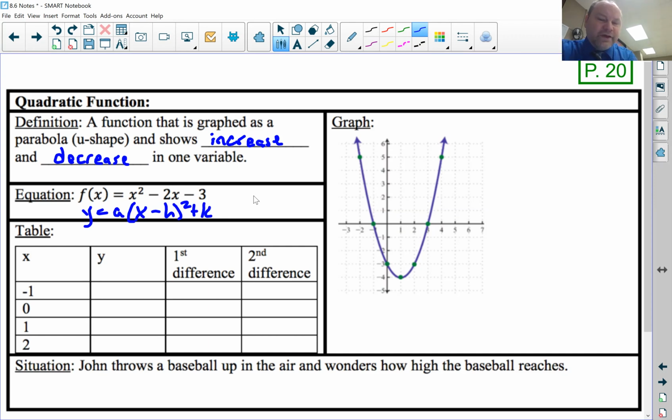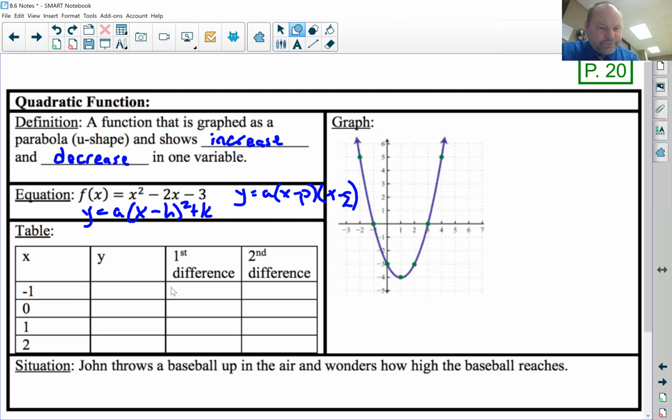Or we could have intercept form, the one we talked about right at the beginning after spring break. And that would be y equals a(x minus p)(x minus q). That's intercept form. Most often you're going to see quadratics in standard form. It just is the most common way to write it.